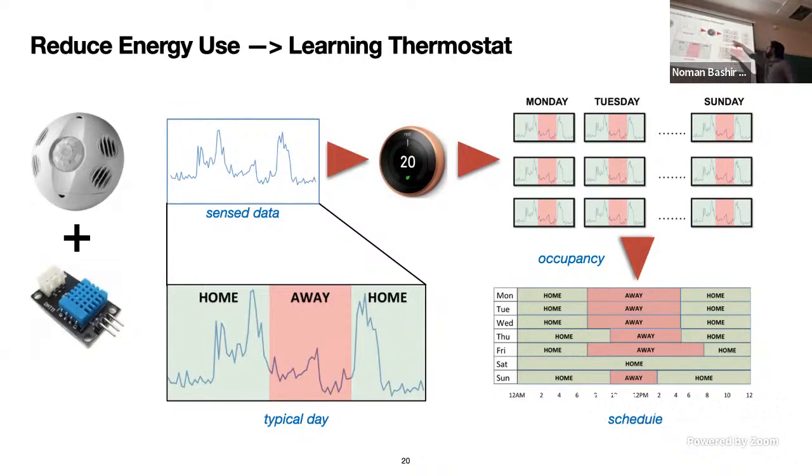On that basis, you may have different analysis of when the people are away depending on the day of the week. And you will create a chart or schedule that this Nest control employs to reduce energy consumption in your home. So this is another example of computing used to make things more and more sustainable.